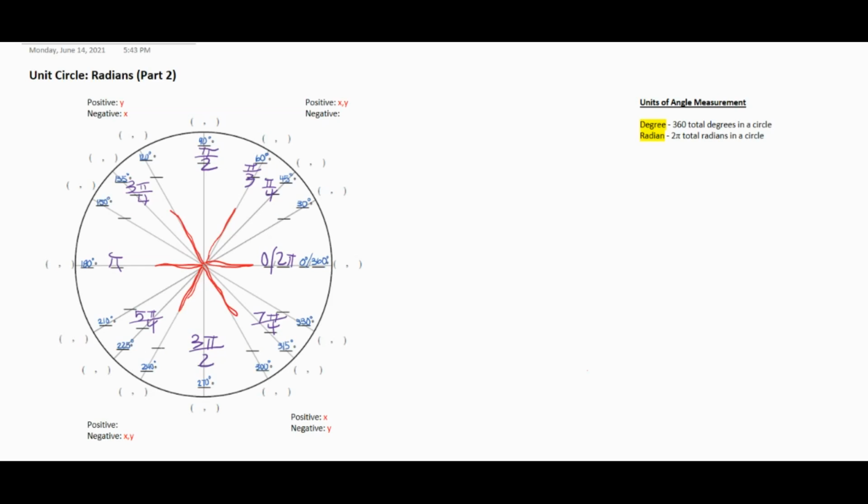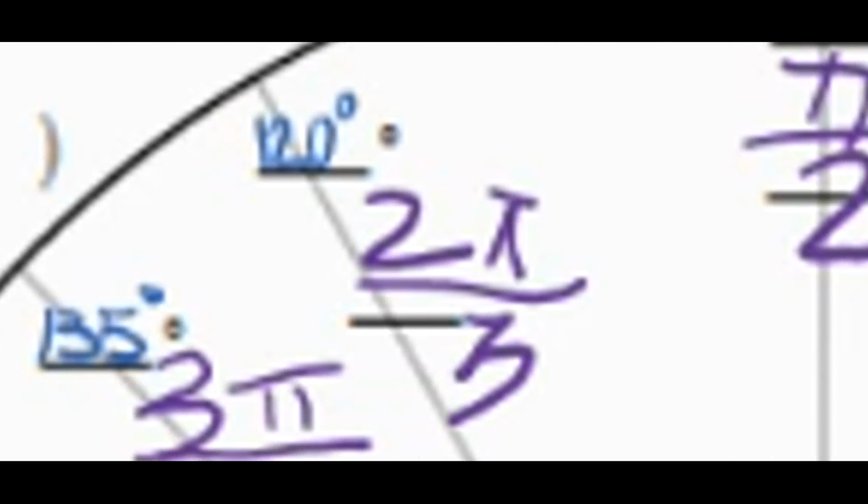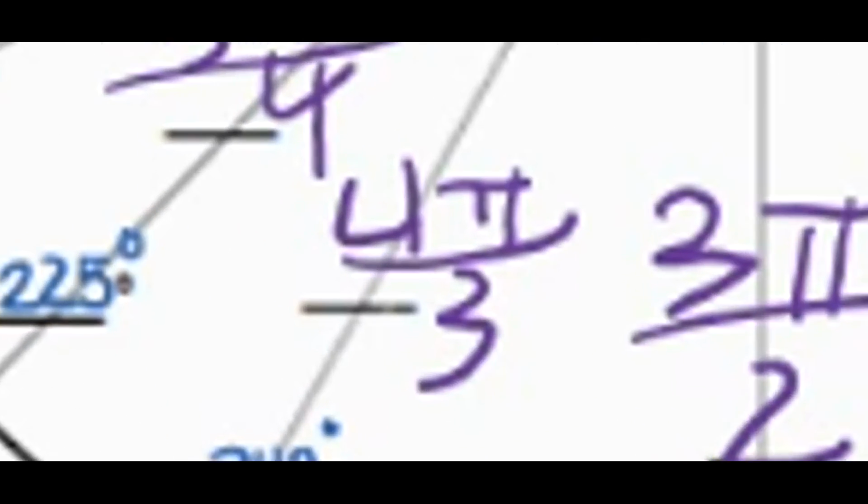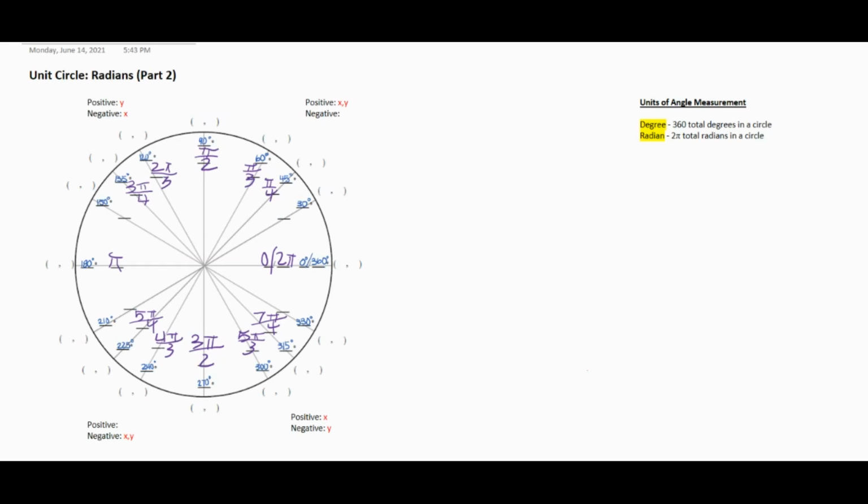All of these red lines are the corresponding pi over 3 angles. As you can see, we now have 2 pi over 3, 4 pi over 3, and 5 pi over 3 filled in. We got these angles by using pi over 3 as a reference angle in order to get the corresponding pi over 3 angles.